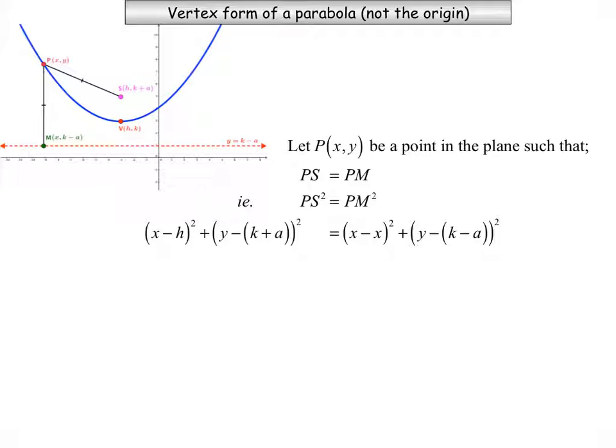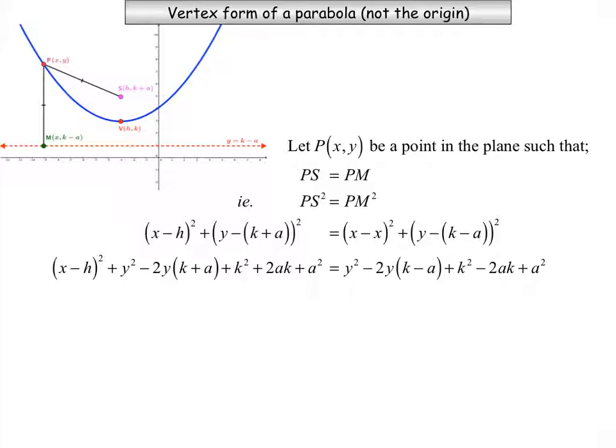Using our distance formula squared, we have x take away h all squared, and then the y value, which is y take away, in brackets, k plus a, all squared. And then this distance here, you can just look at the y values. But if you're going to use the distance formula squared, this is what we end up having.